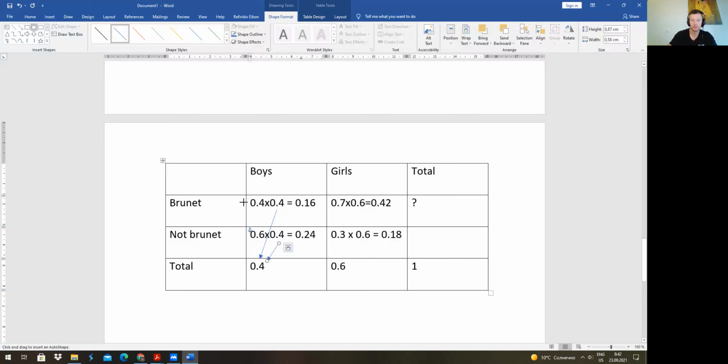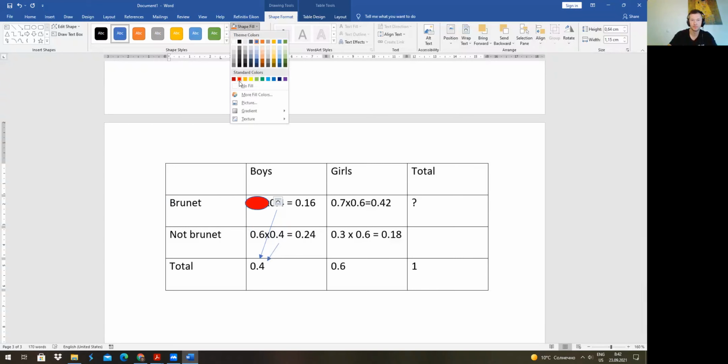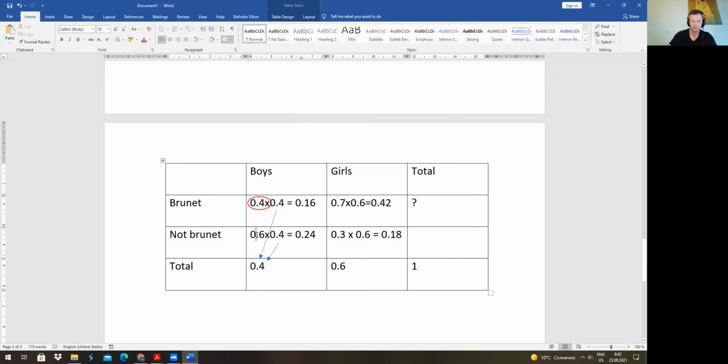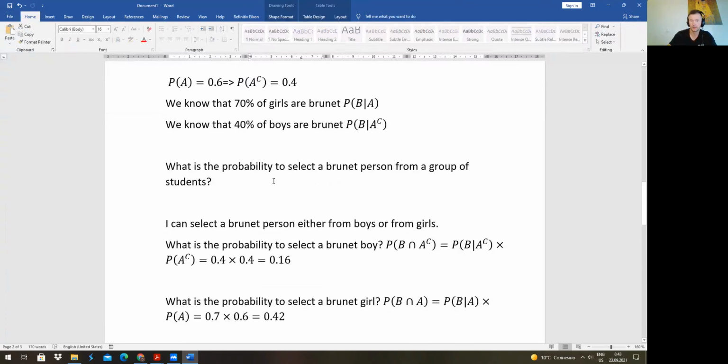So these two numbers, this and this, are taken from the initial setup, right?